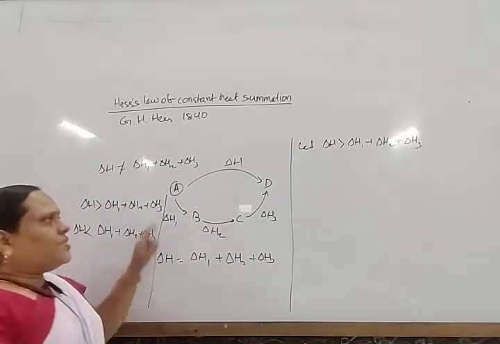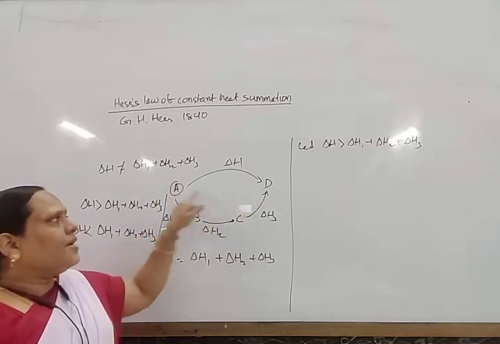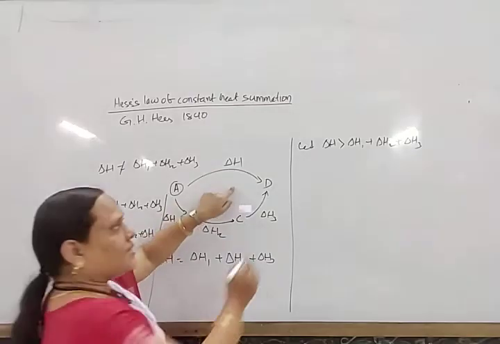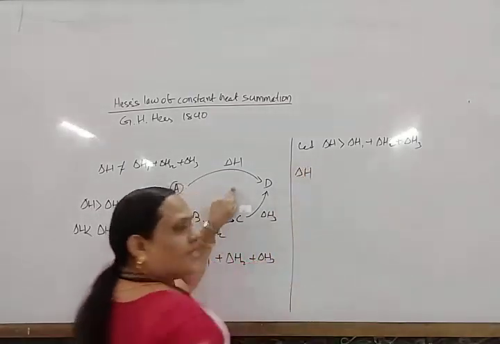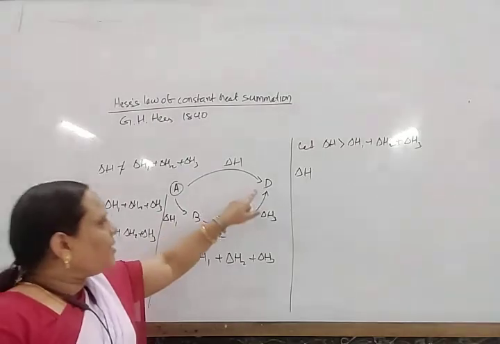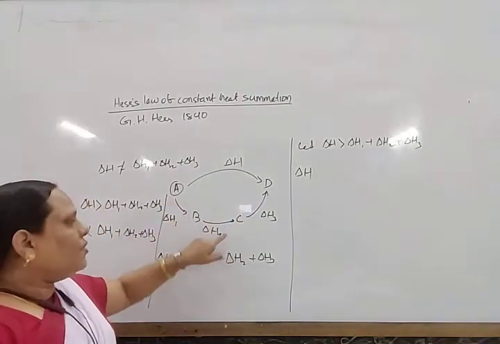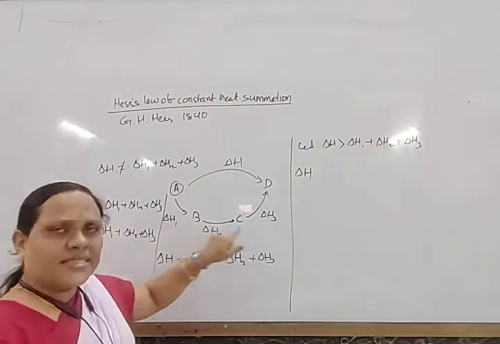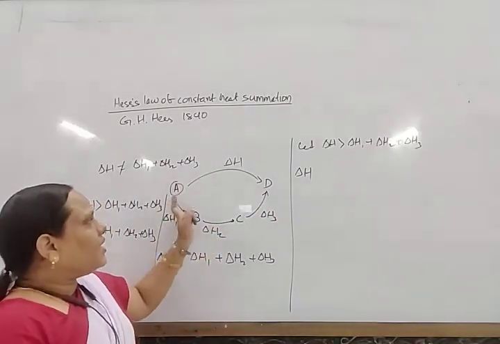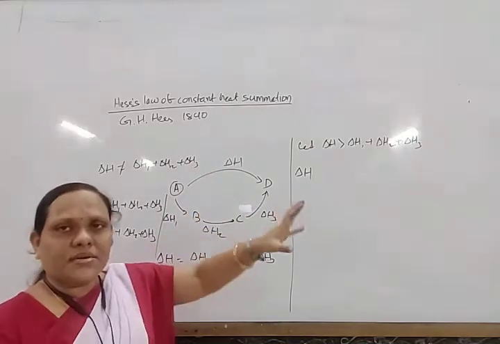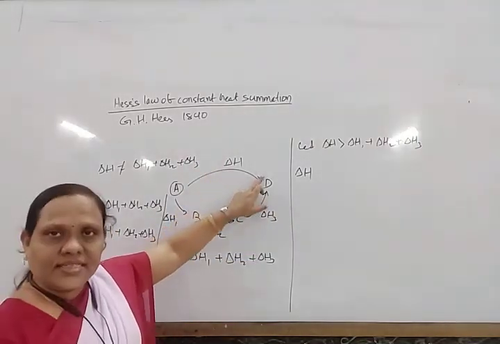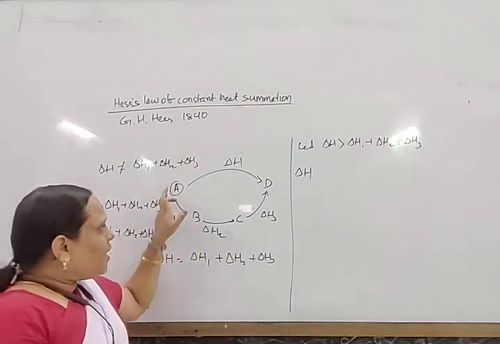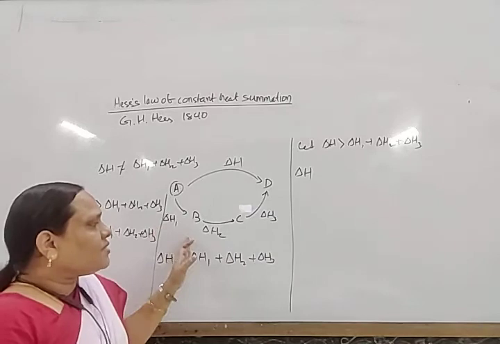Suppose A first goes to D through del H. The enthalpy change is del H, and again D changes to A through C and B. Similarly, if A goes to D, the amount of heat produced is del H, and through the steps A to D, suppose the heat produced is del H1, del H2, del H3.